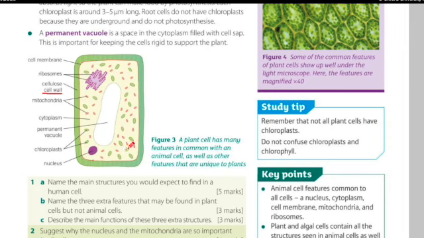They can trap the sunlight and turn the light energy into chemical energy. And furthermore, they have a big vacuole, and that is a permanent vacuole. That's where all the liquid juice is contained. It's a cell sap in here.